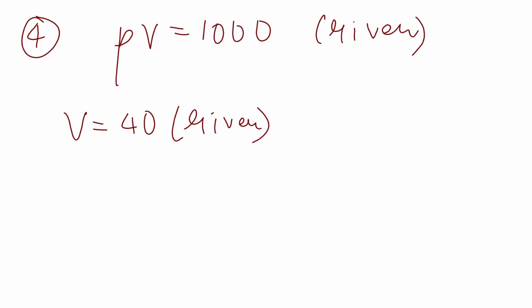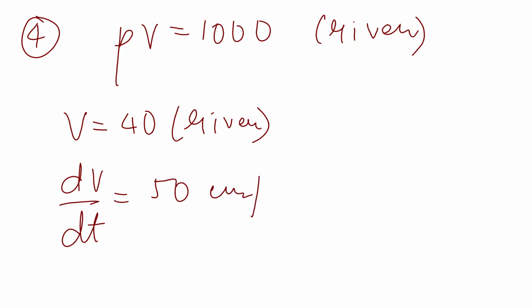Increase or decrease is nothing but change. So dV by dt, volume changing with respect to time, is 50 centimeter per minute.